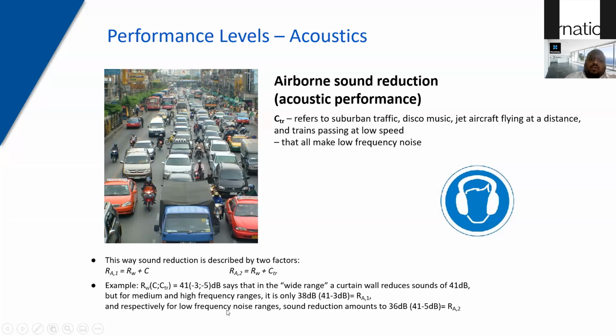And when you have low frequency noises, it is 41 - 5, which is 36 dB. So there are two values in weighted reduction of noise. You have the C and the CTR. C is for medium and high frequency, and CTR is for low frequency noise. So this is how you interpret it when somebody gives you an Rw value.